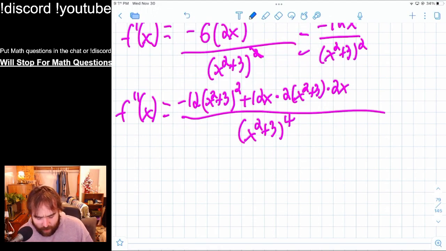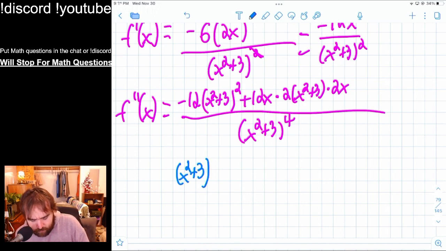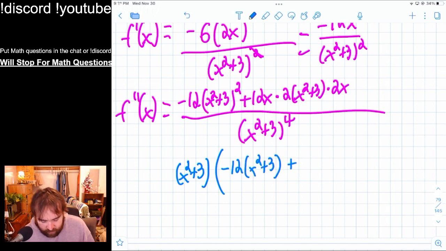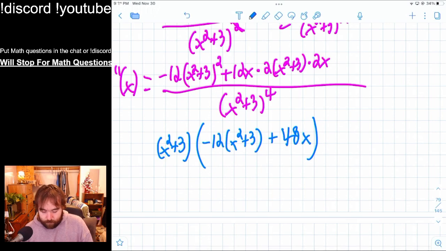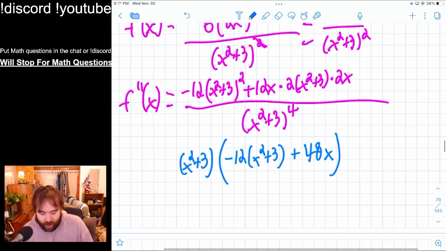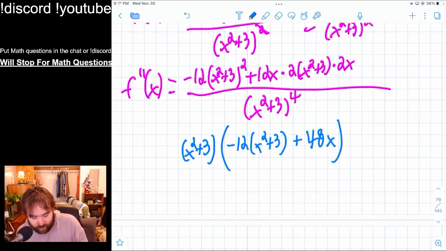Just for the algebra, I'm going to factor out an x squared plus 3 on the top. That's going to leave me with negative 12 times x squared plus 3, and then plus 48x. Right? Check my math if you would. And then I'd factor out a negative 12.